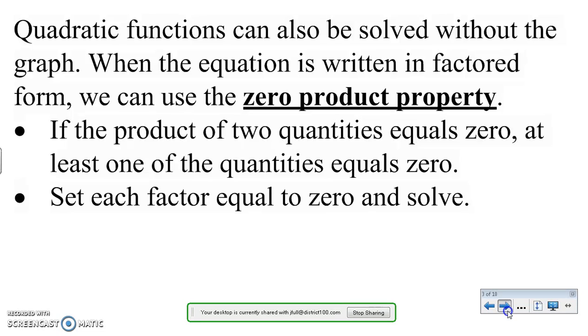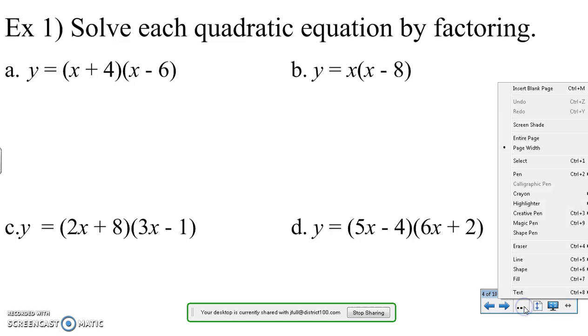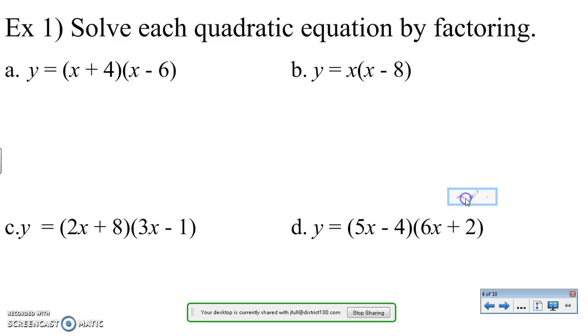So pretty easy. Notice each of these equations is y equals, but they're all in factored form. So we're going to solve each of them by setting each of the factors equal to 0. We're going to take this here, take this here, and set each of those equal to 0.